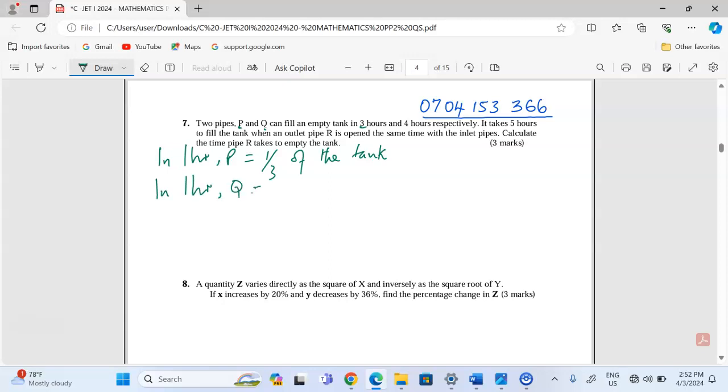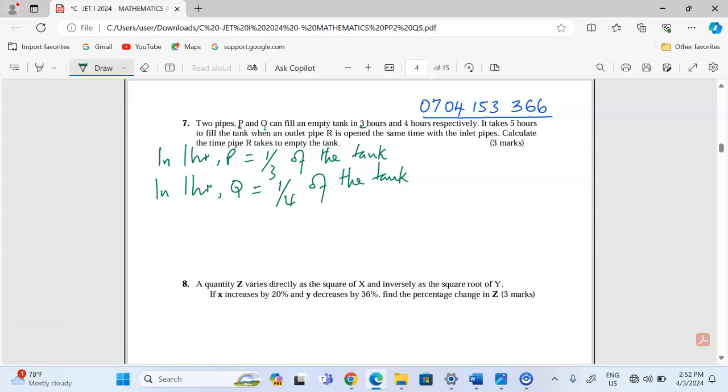Then in 1 hour, Q is going to fill 1 out of 4 of the tank. This is because it requires 4 hours to completely fill the tank. So in 1 hour, it fills a quarter of the tank. Again, there is now an outlet pipe, which we don't know its rate of work.